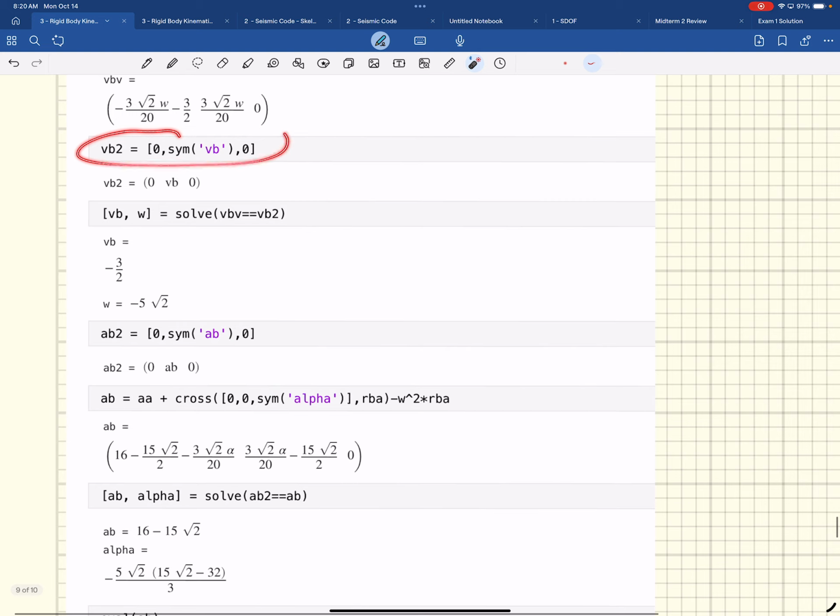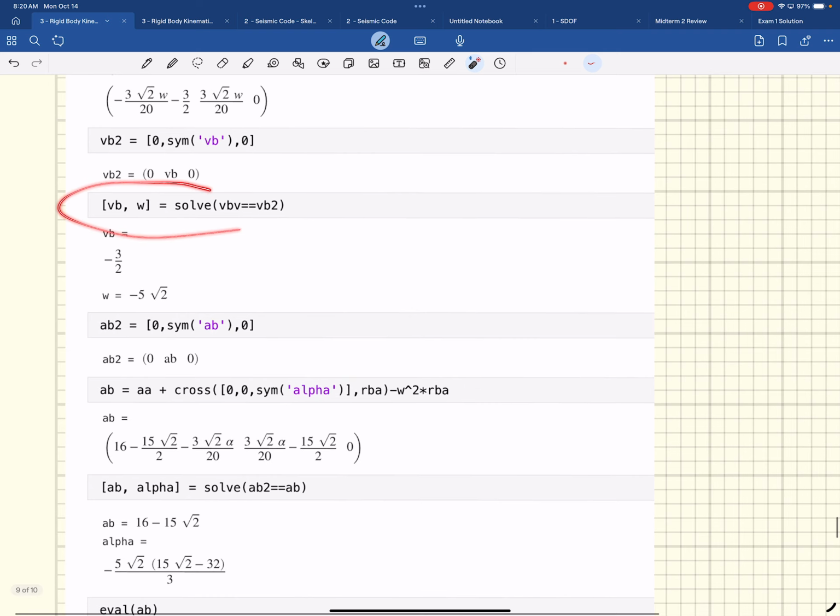Then I defined VB2, where I add the constraint that it's only in the J direction. Then I solved, setting VB equal to VB2, and that's where I get VB and my omega of negative 0.707. I used the solve function.